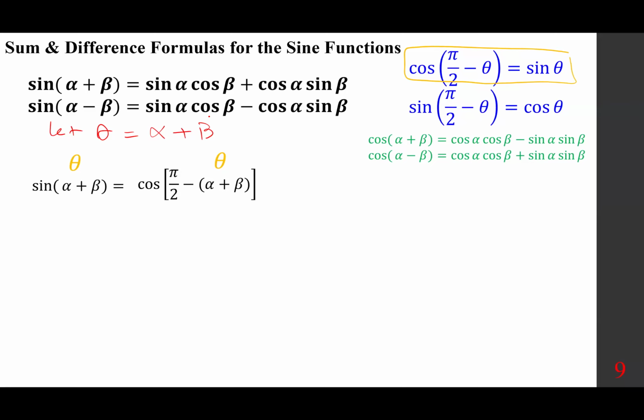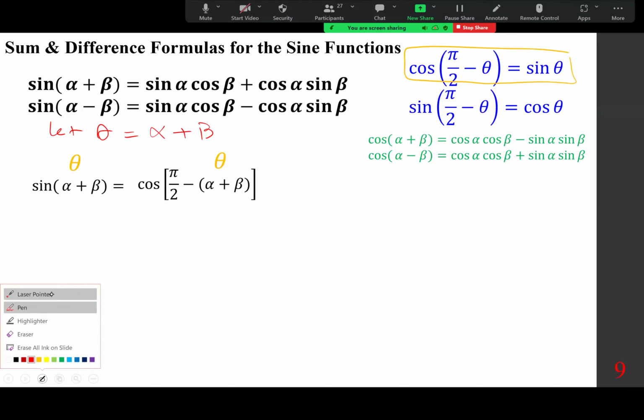Now we are going to expand this one because we know cosine of alpha minus beta is cosine alpha cosine beta plus sine alpha sine beta.